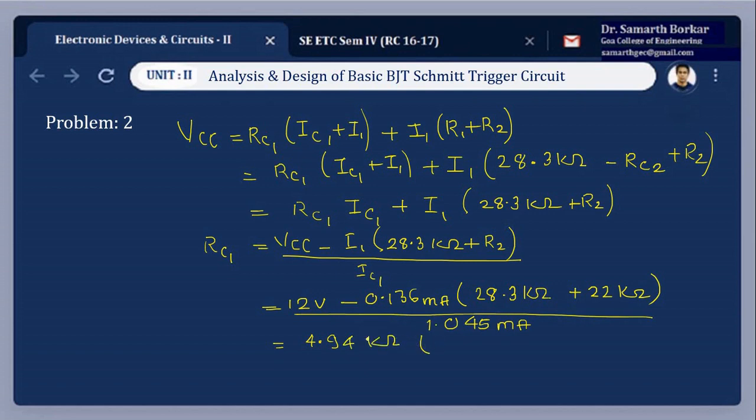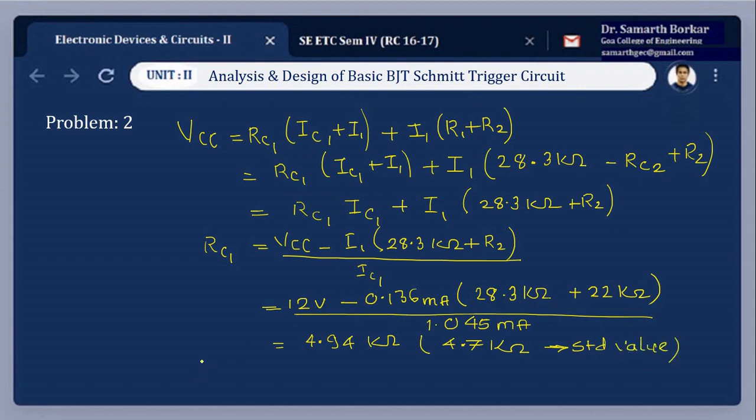and the standard value, the value which is nearer to this 4.94 kilo ohms for a discrete component, is 4.7 kilo ohms. So I'll mark here this as the standard value. Fine.